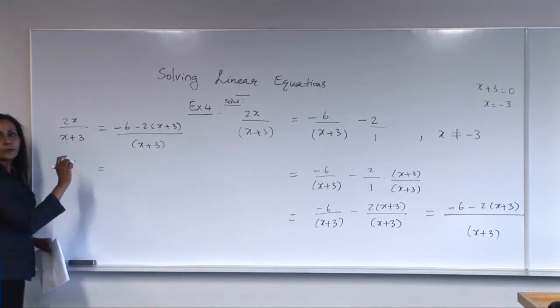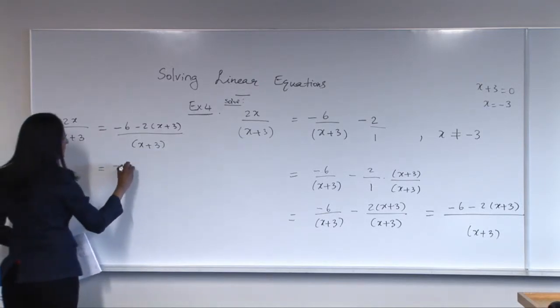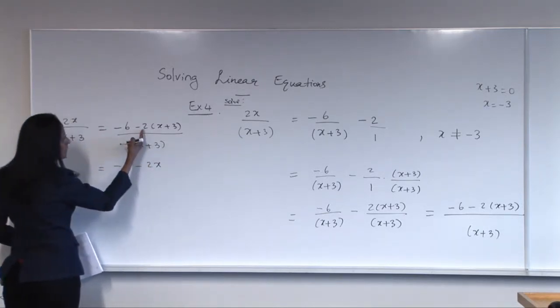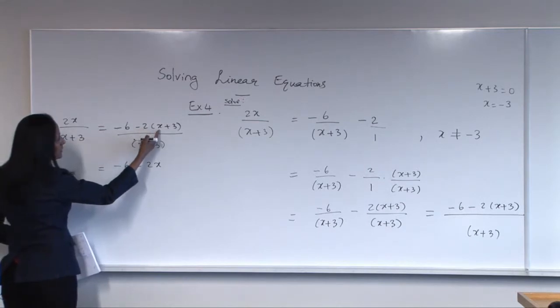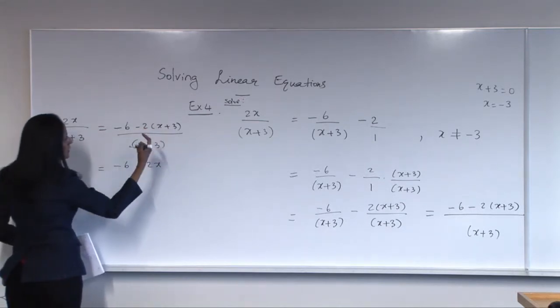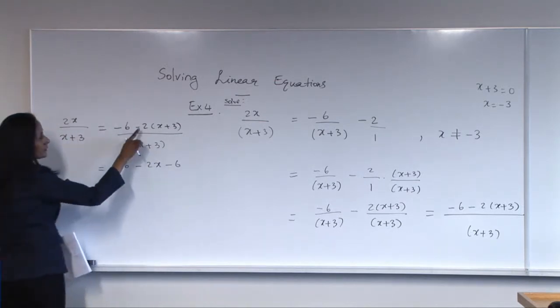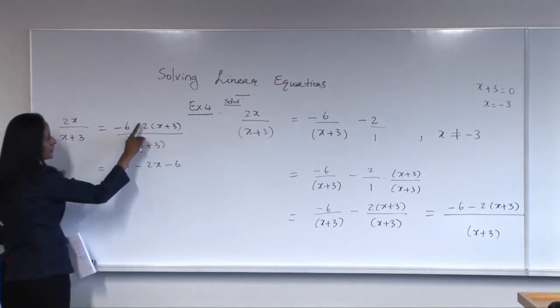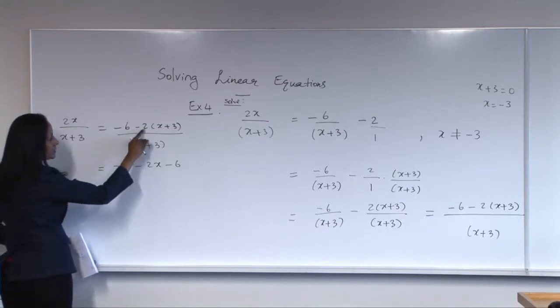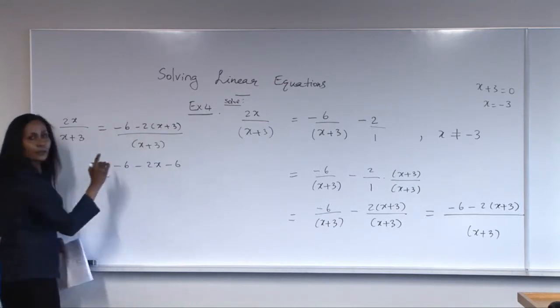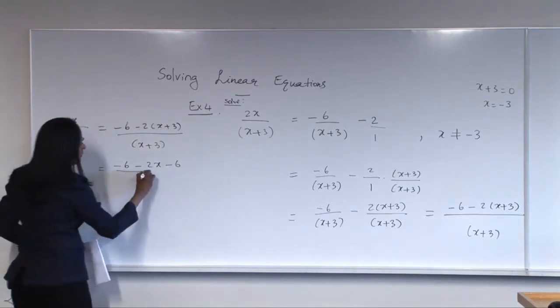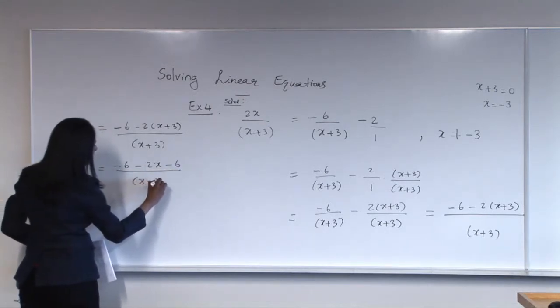Now we have to simplify the numerator. So this is negative 6 minus 2x. Distribute this. You have to be very careful here. We are distributing negative 2. So negative 2 times x, negative 2x, negative 2 times positive 3, negative 6, all over x plus 3.